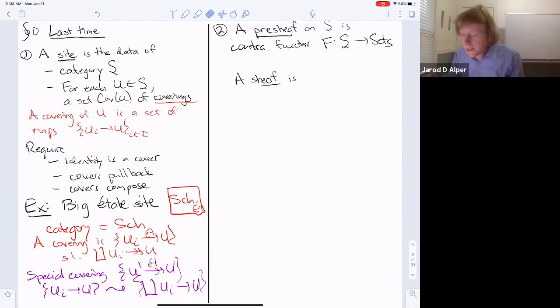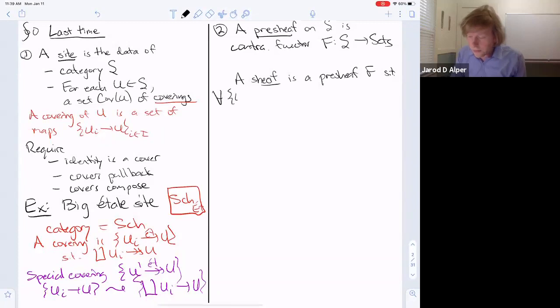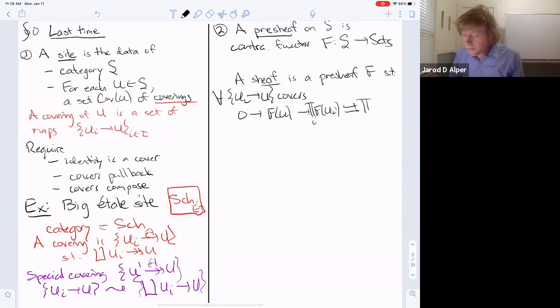And with that, we say that a sheaf is a presheaf F such that for all covers, sections on U should just be obtained by sections on U_i via gluing. So this should be exact.